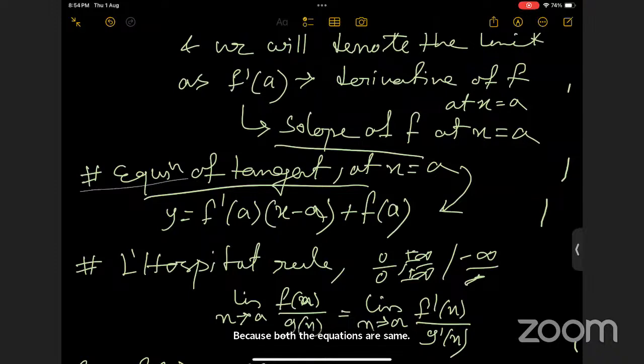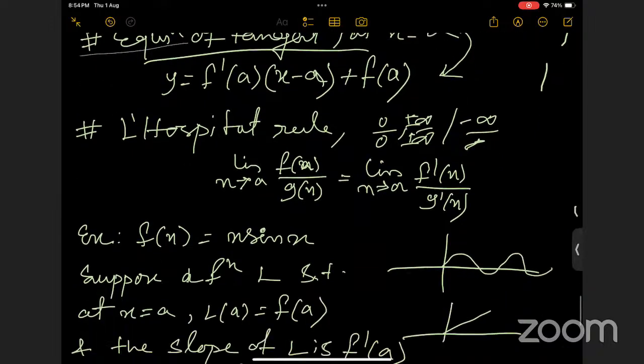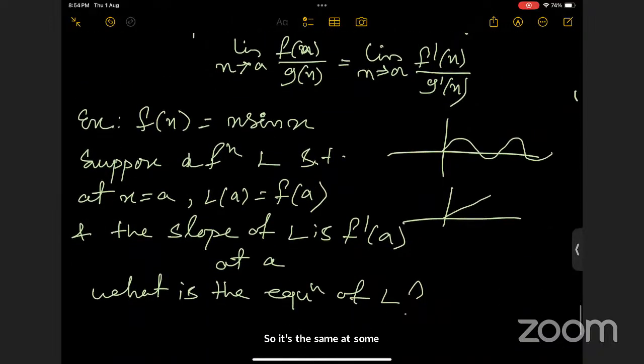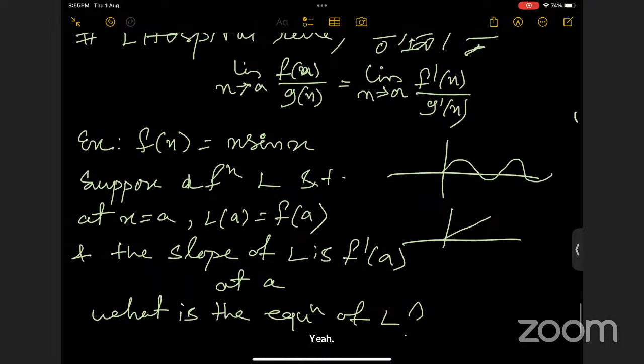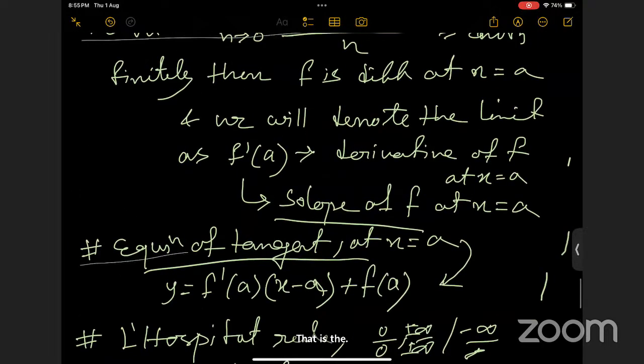Yeah, both the equations are the same, because at this point the tangent is basically the same as the linear approximation. At some specific point, this is the same. Otherwise, it's the equation of tangent, right?